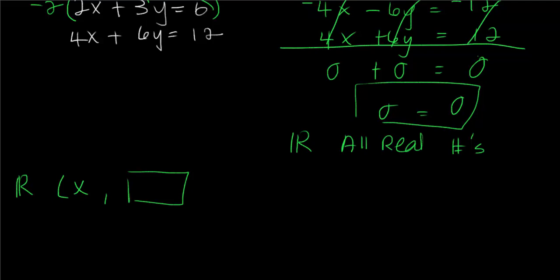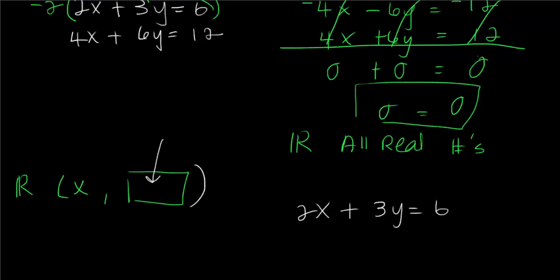So let me do this in a different color so we can see. 2x plus 3y equals 6. And I'm going to solve it for y, and I'm going to put that answer right here. And I forgot my parenthesis to close off the coordinate. The reason I'm solving for y, it finishes off that coordinate.